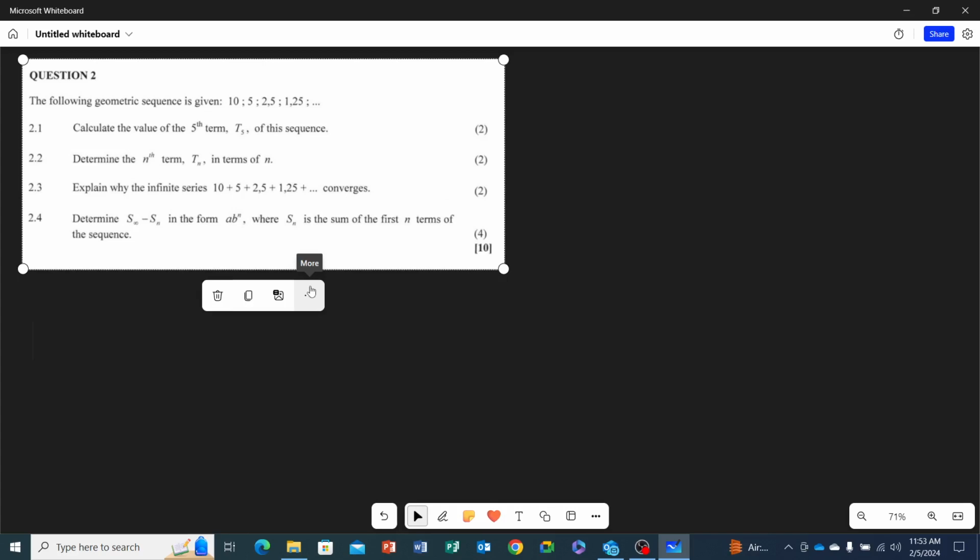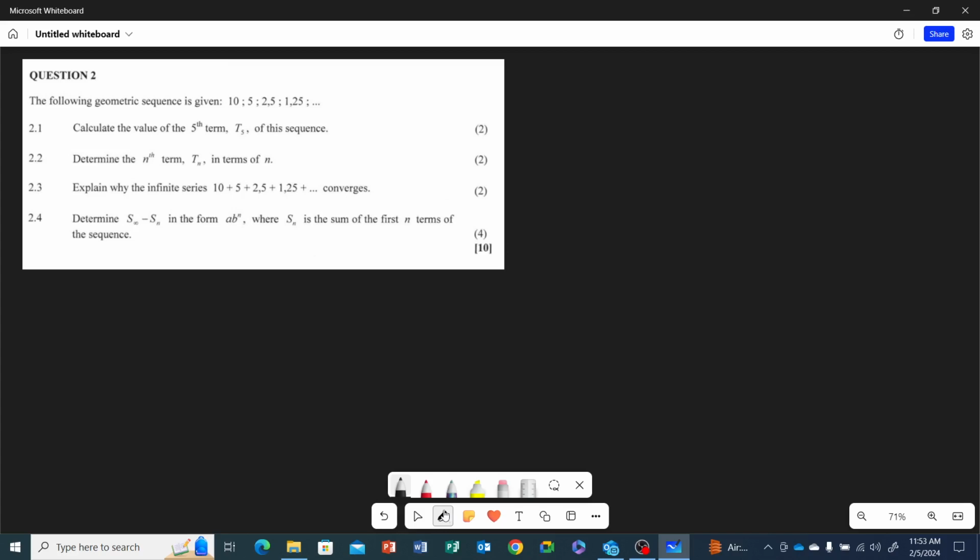now how do we calculate the fifth term? From the board, we can clearly see T4. Remember, we don't have any equation yet, guys. So let me choose my pen. So we can see T4. Okay, so now, how about that T5?